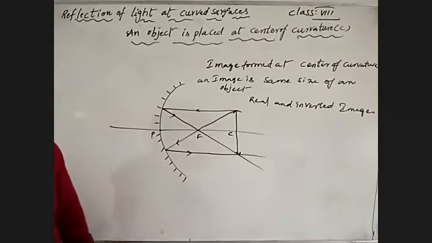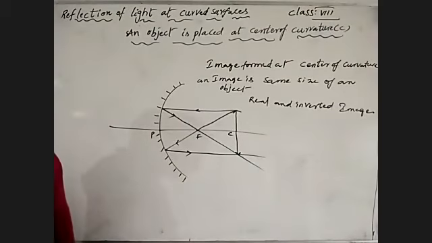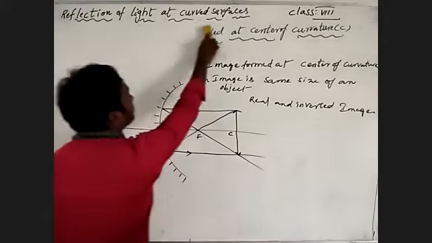When an object is placed at the center of curvature, the image is formed at the center of curvature, on the downside of the principal axis. The image is the same size as the object, real and inverted.